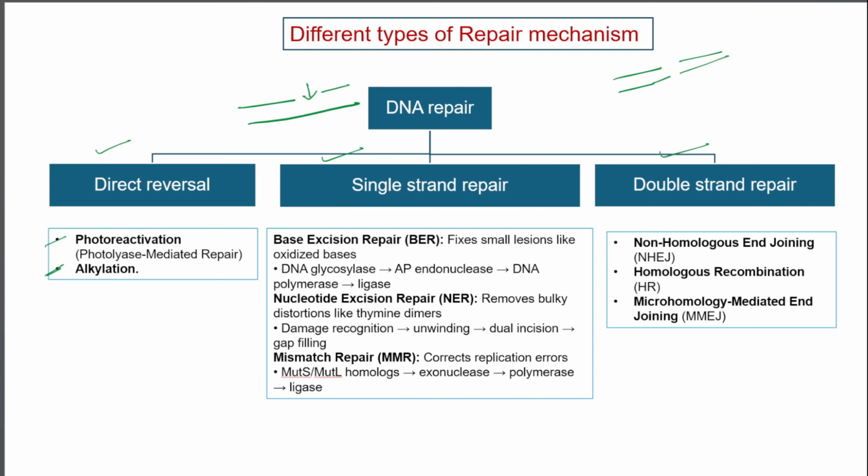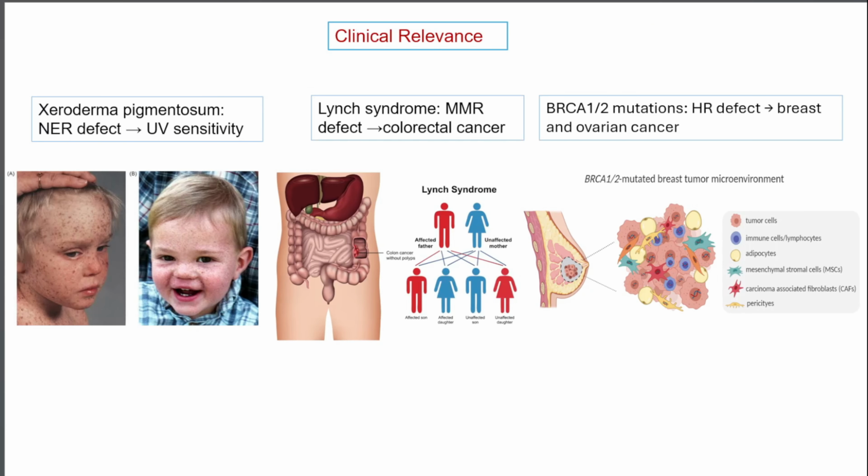If the DNA is damaged or mutated, then the DNA repair system will work. But if there is any defect in the DNA repair pathway, then some diseases will develop. One is Xeroderma pigmentosum, that is extreme UV sensitivity that causes skin cancer, and that is developed by a defect in the nucleotide excision repair system.